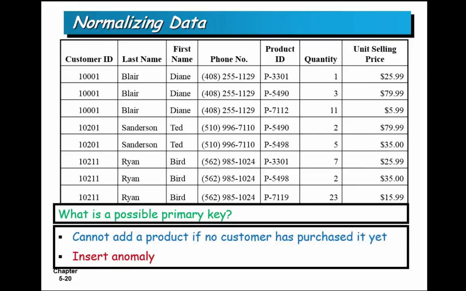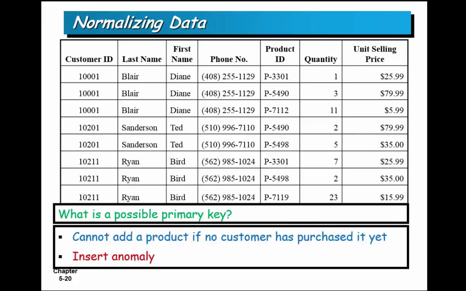Same tables. In this flat file, you have a customer and the products that they bought and the selling price. Let's say you produced a new product, product P5555, but you've never sold it.